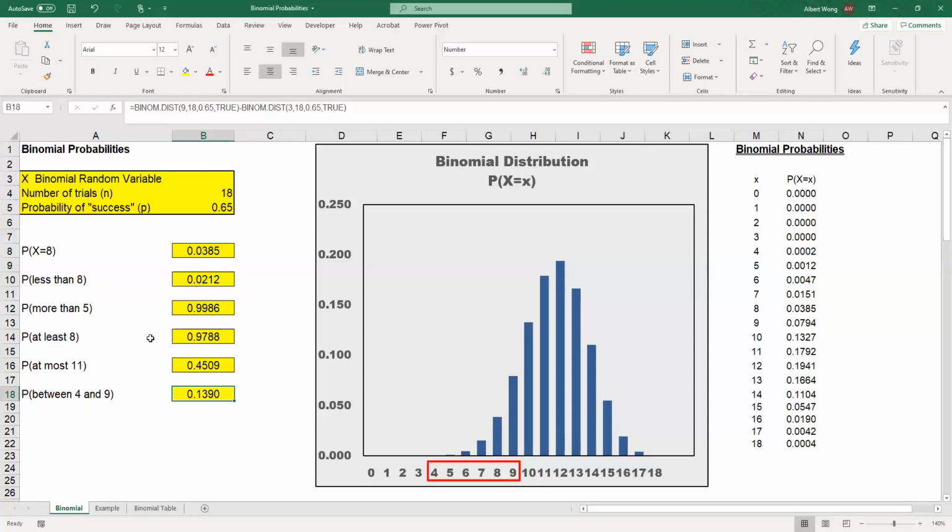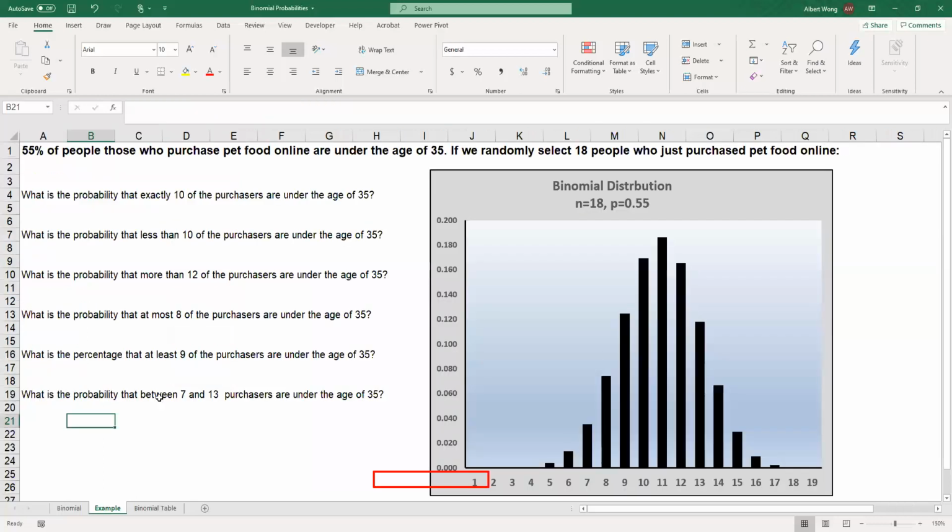So now let's turn to an example to demonstrate how these things can be applied. Suppose we are given the fact that 55% of the people who purchase pet food online are under the age of 35.